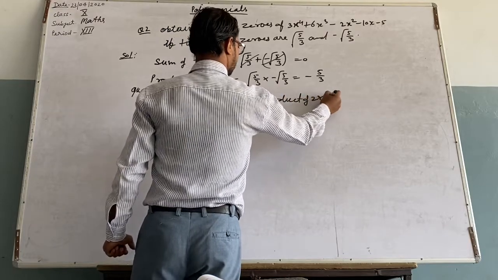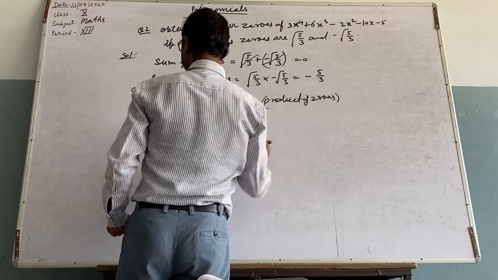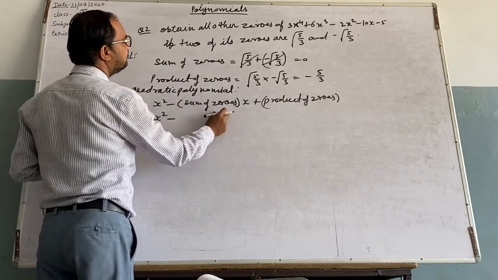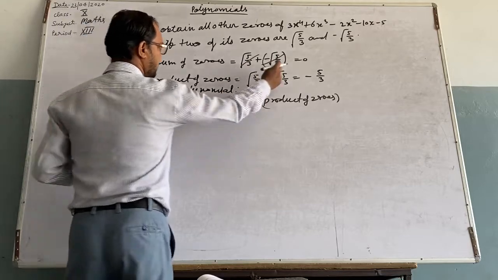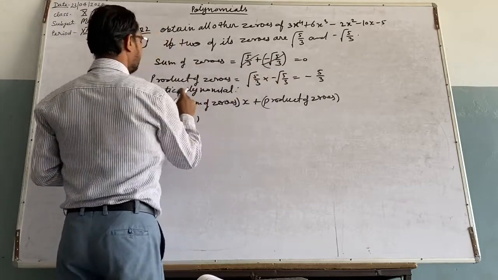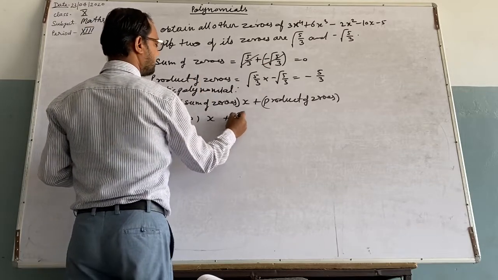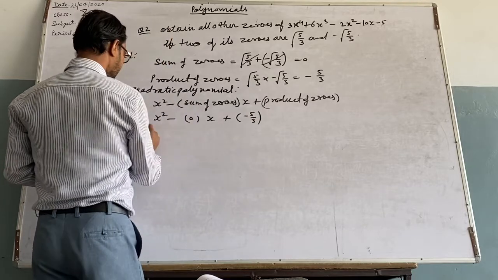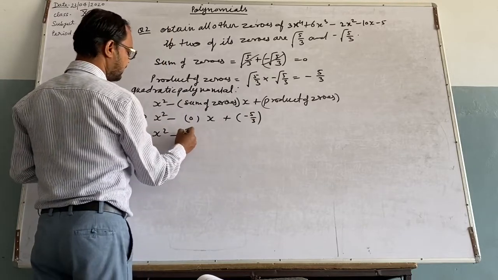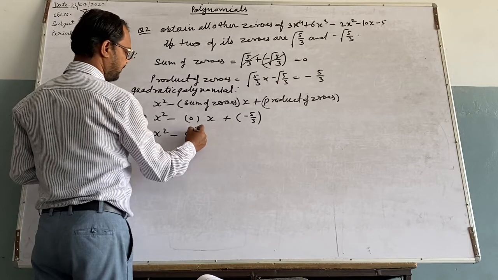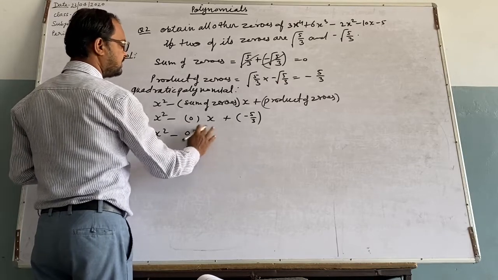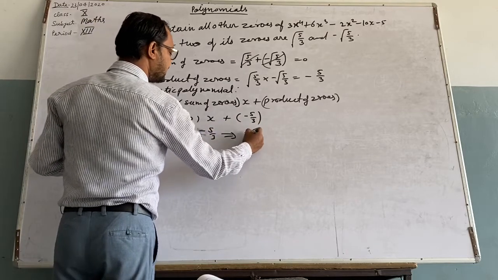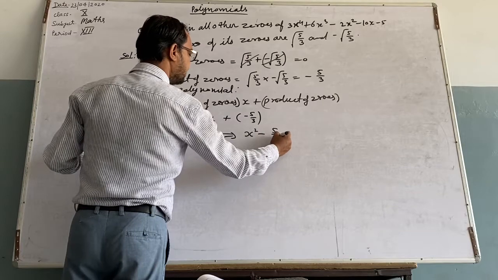Using this formula, we get x square minus 0 into x plus minus 5 by 3. So this can be written as x square minus 5 by 3.